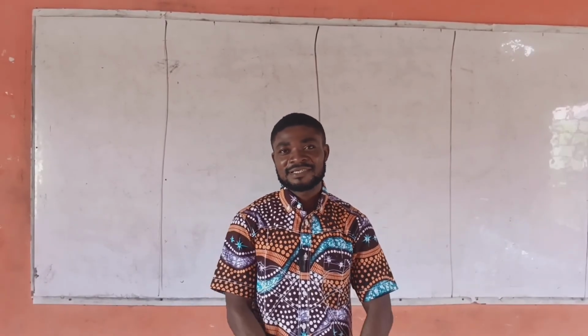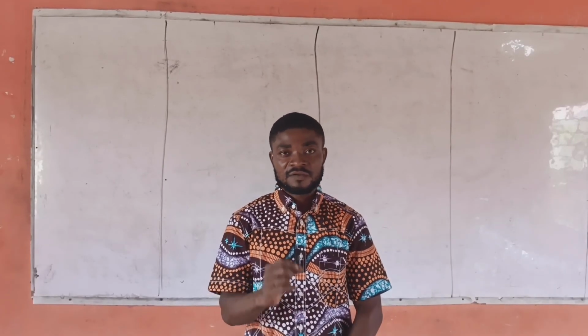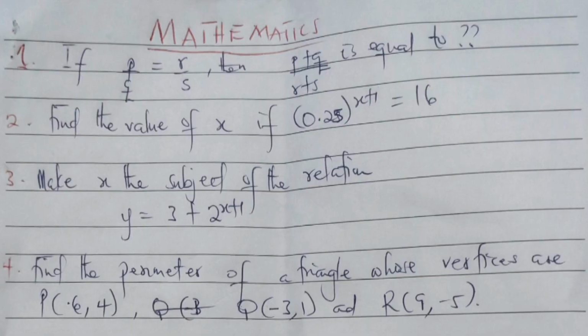I have four questions that I want to discuss with you under elective mathematics. From the screen, you can see the first question reading that if P over Q is equal to R over S, then what is P plus Q over R plus S equal to?